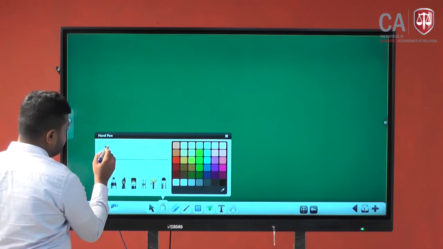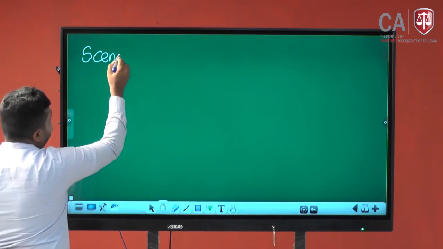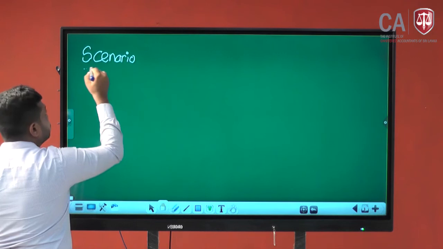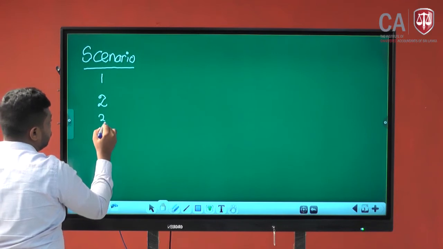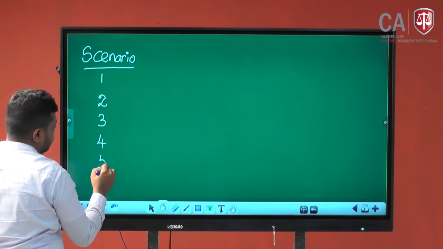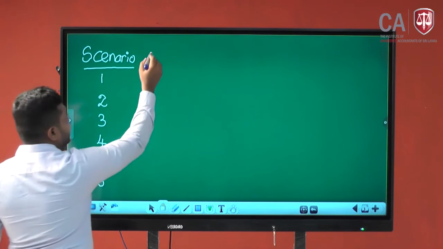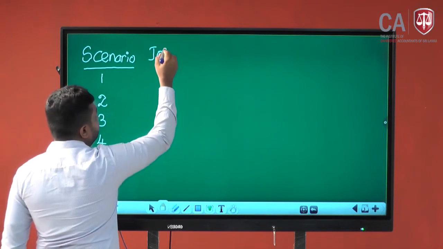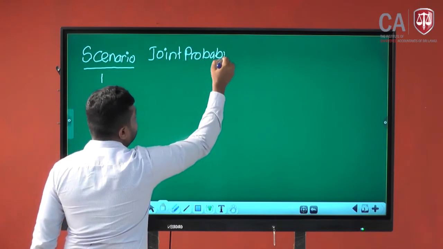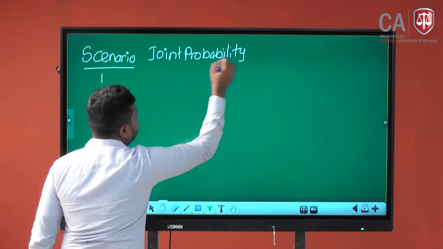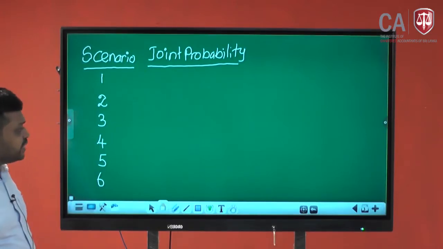There are scenarios 1, 2, 3, 4, 5, 6. There were 9 scenarios. Then take the joint probability.